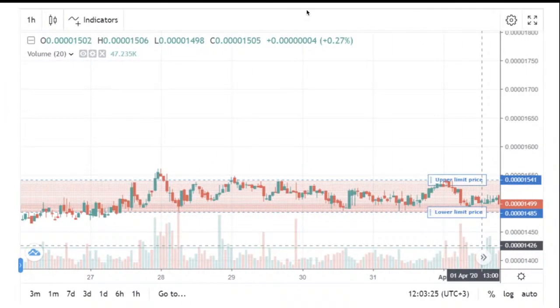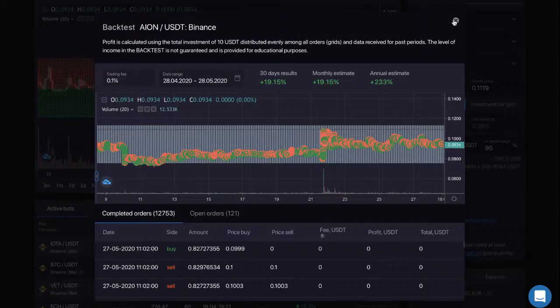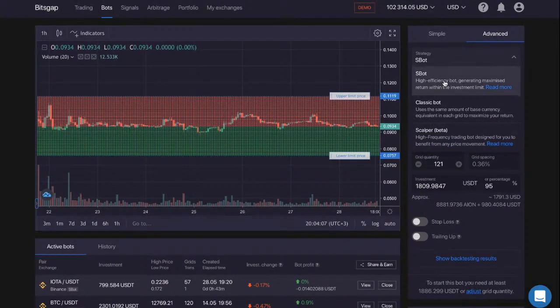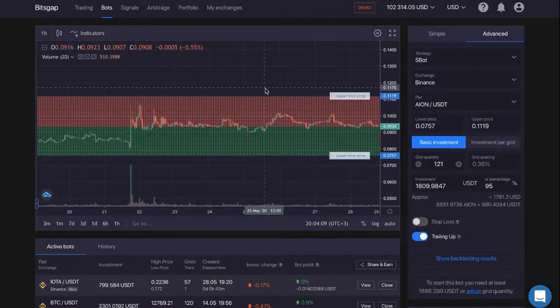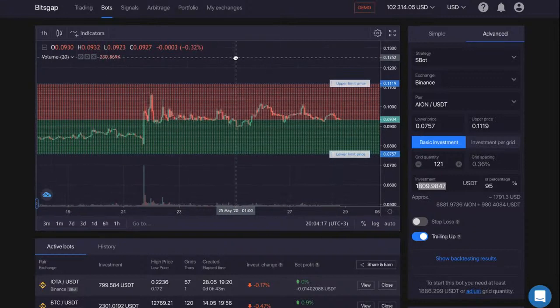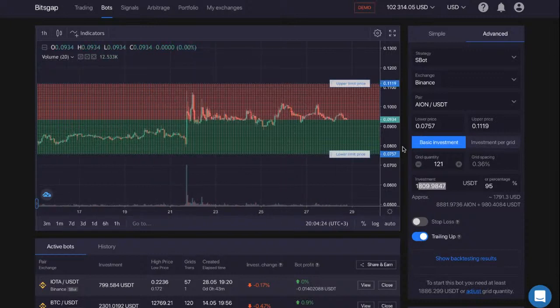Now let's talk about the differences between the SBot and some other. So the idea of the SBot is to trade using only allocated investment amount. So let's say here it's 1,800. So it's designed, it's like the mechanism, its algorithm is designed to trade only using this investment amount, trading only within this investment boundary.